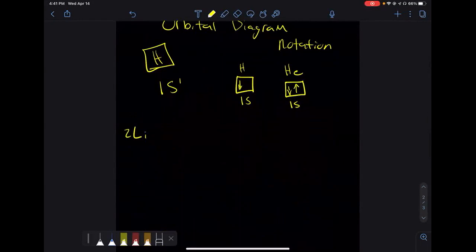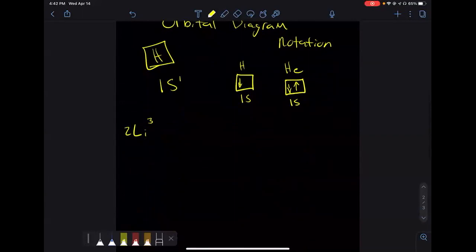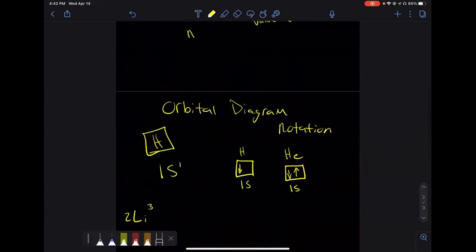Lithium is 2, meaning that it's in the 2s orbital, and it has 3 electrons. What is that telling us? It has 3 electrons, and it's going to continue in order.